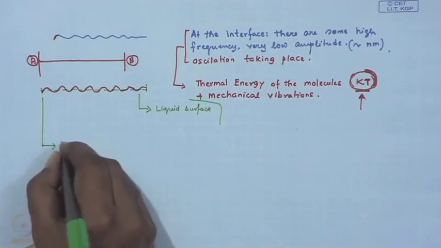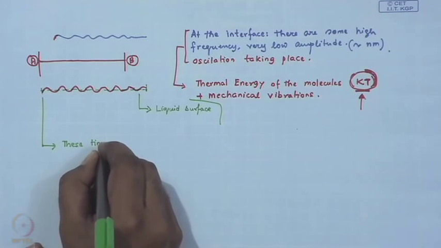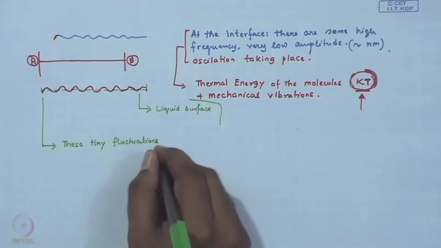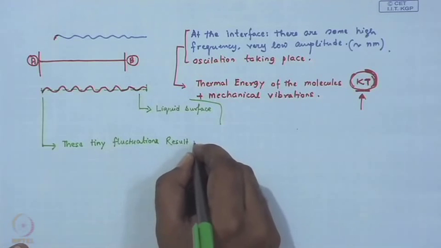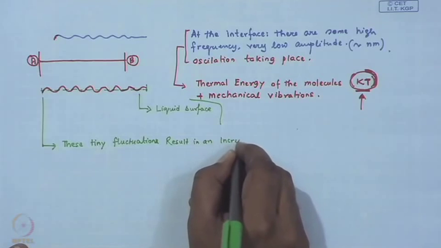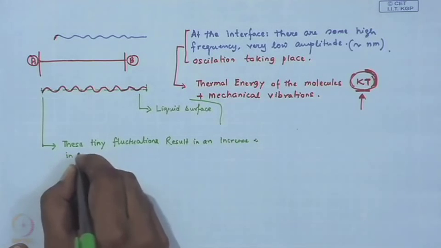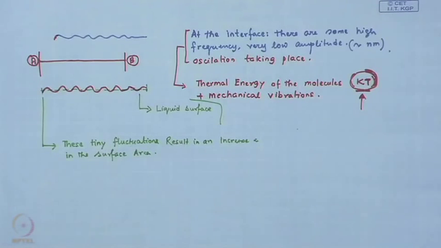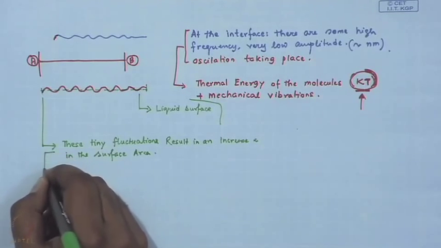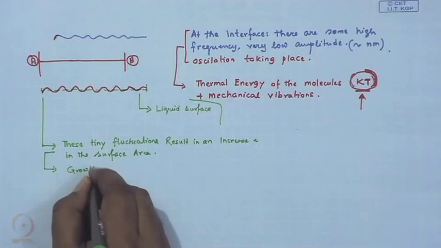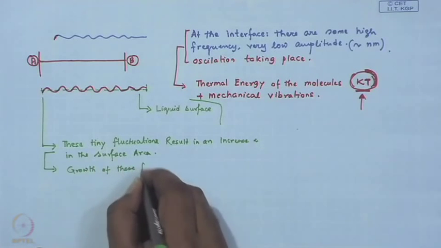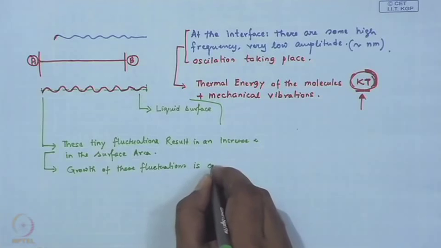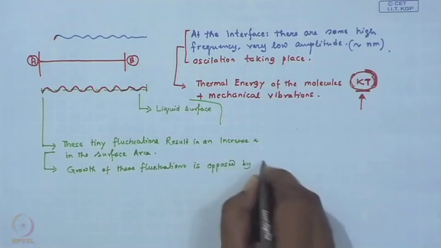So, these fluctuations, however tiny they are, therefore, the growth of these fluctuations is opposed by surface tension.